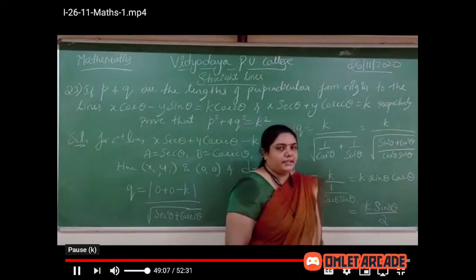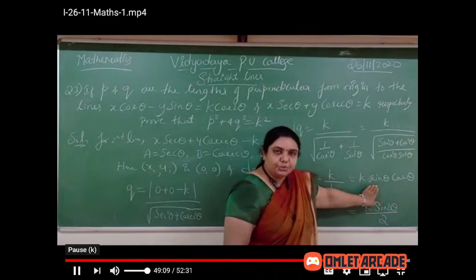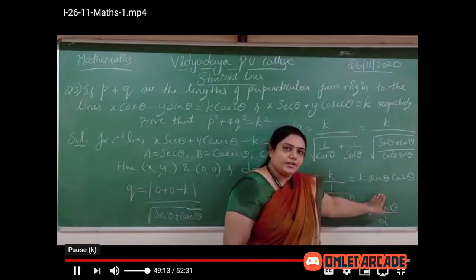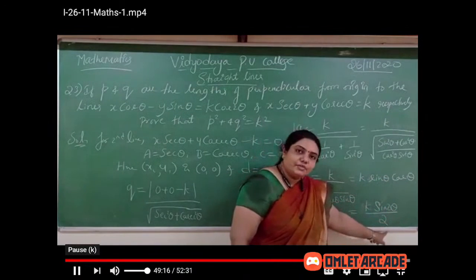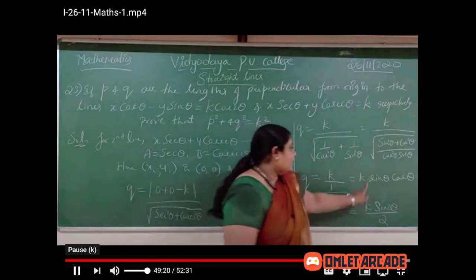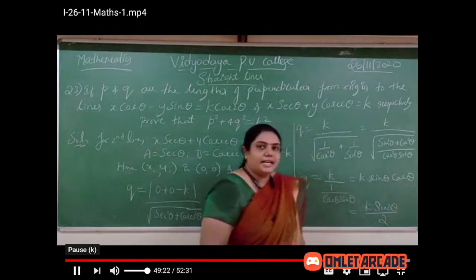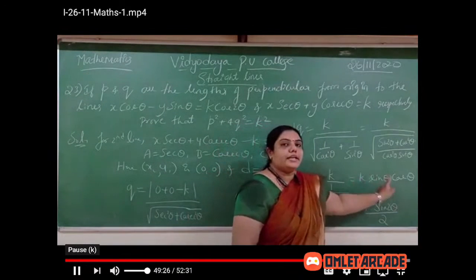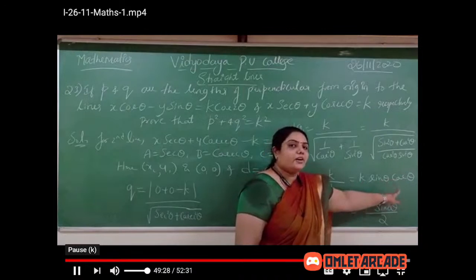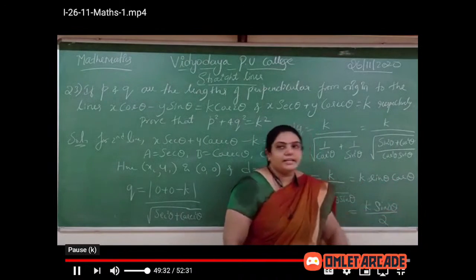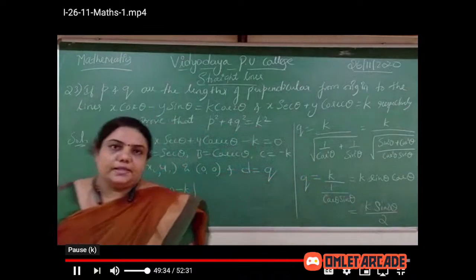You have sine theta cos theta here. If you multiply and divide by 2, the numerator will be 2 sine theta cos theta, and one of the 2s will be there in the denominator. So I can write k sine theta cos theta, multiplying and dividing by 2, as k into 2 sine theta cos theta, and 2 sine theta cos theta is sine 2 theta, divided by the denominator 2.